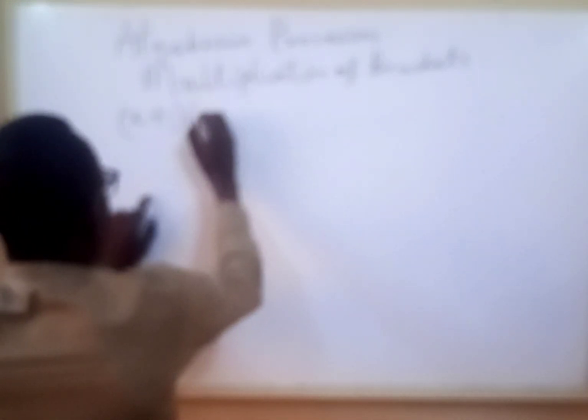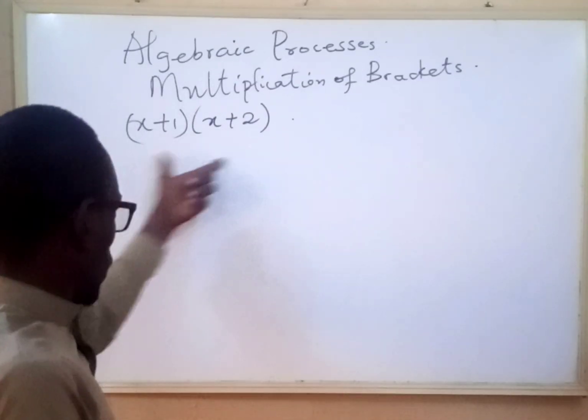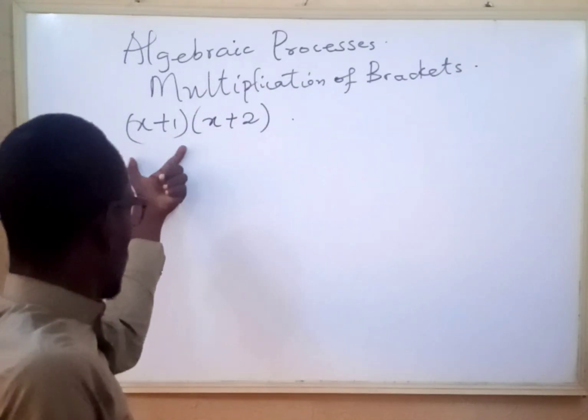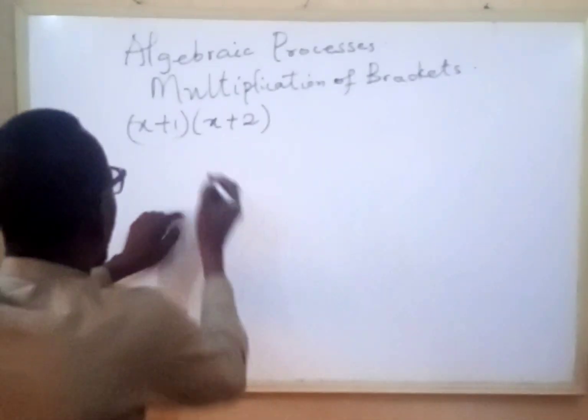This is a bracket; that simply means it is in a confined space. We have another expression of this form, s plus 2. This is another expression, s plus 2, and this is another expression, s plus 1. But the multiplication involves a dot.